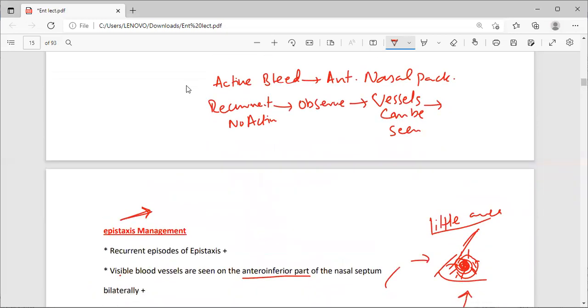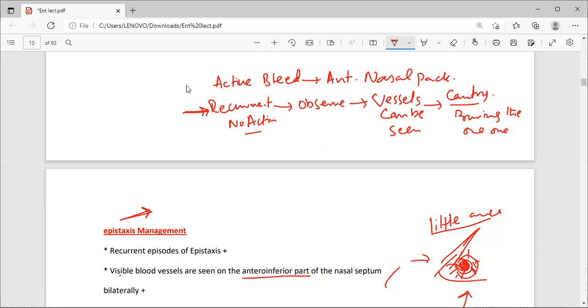When vessels are seen but there is no active bleeding, and this patient comes to you having recurrent bleeding episodes, you have the chance to do a procedure called cautery. Cautery is basically burning the vessels. So you will burn the vessels on one side.